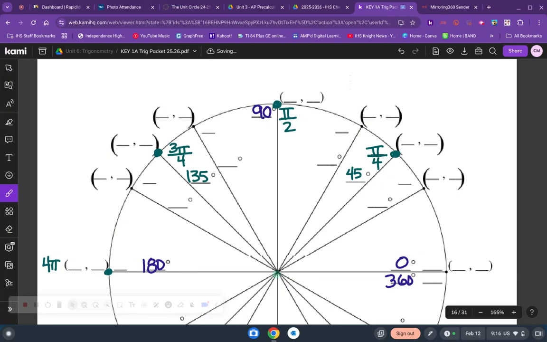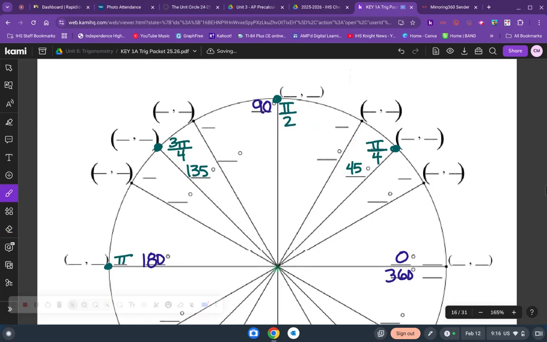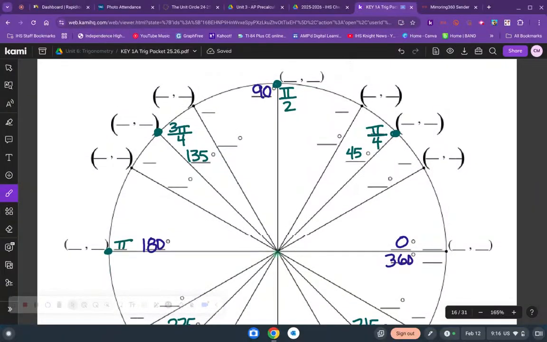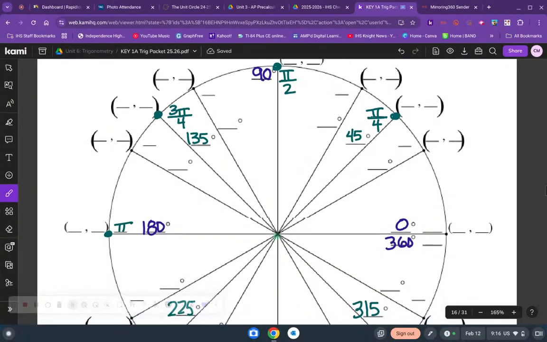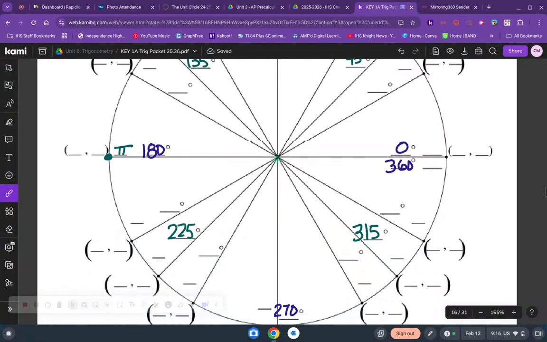And 4 pi over 4 simplified is just pi, right? So this is pi radians, 1 pi. All right, so 1, 2, 3, 4 pi over 4. Now the next time I add one of those angles, I'm going to have 5 pi over 4.